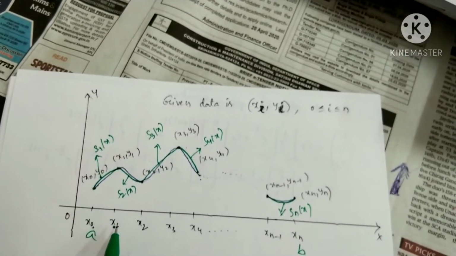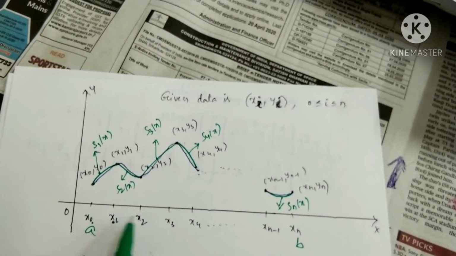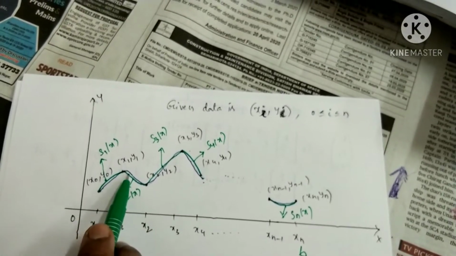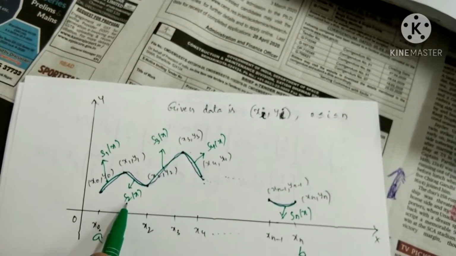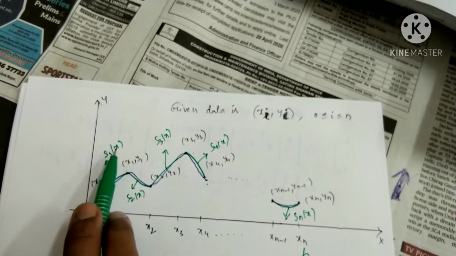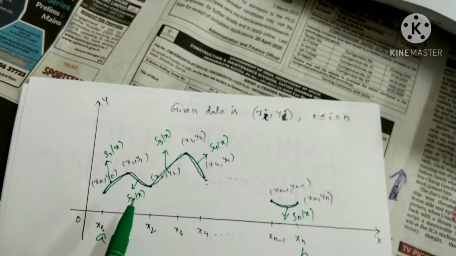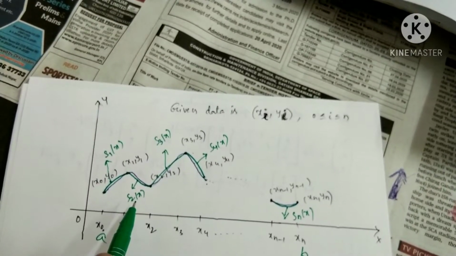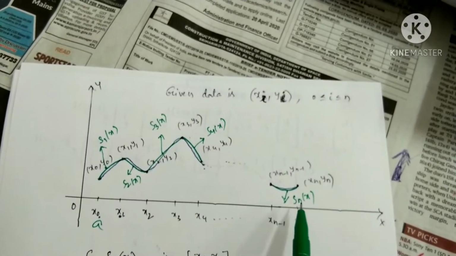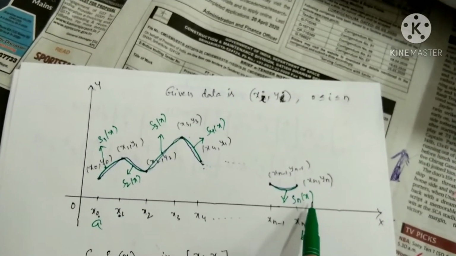In a similar way, we can find a polynomial of any degree in the next subinterval x1, x2, which is taken as s2 of x. In the first subinterval, the spline function is s1 of x. In the second subinterval, the spline function is s2 of x, and so on. In the last subinterval, the spline function is denoted by sn of x.